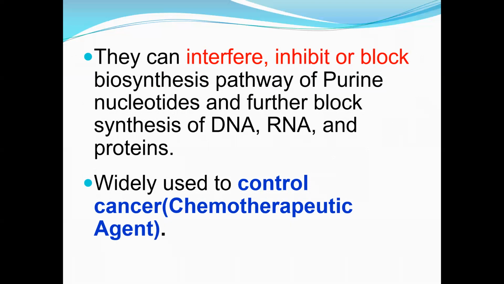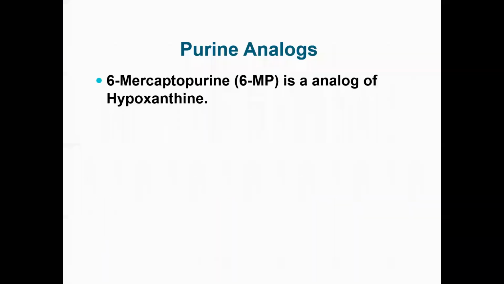This is widely used to control cancer as a chemotherapeutic agent. And the best known example of a purine analog is 6-mercaptopurine, also known as 6-MP, which is an analog of hypoxanthine.